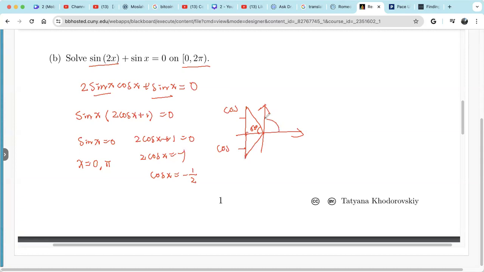So what is the true angle of this one? 120, right? So x equals 120 degrees. Well, 60 is pi over 3, so 120 is 2 pi over 3.